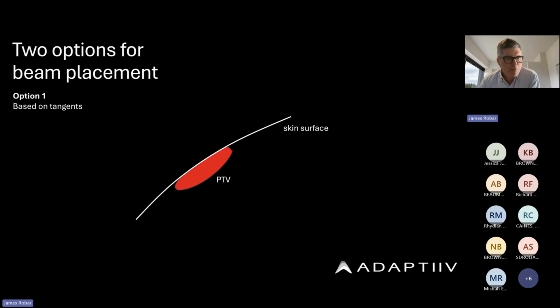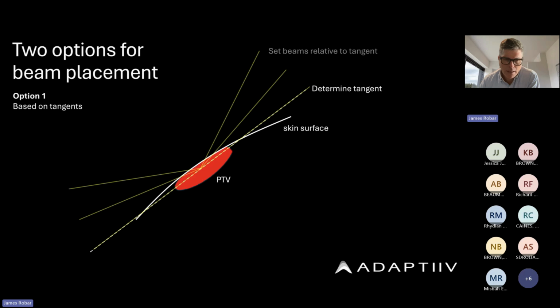So if we think about beam placement, what a planner would probably do, given a PTV like this, is a kind of tangential approach, right? And so that's the first option here. The tangent line will be determined automatically, and then a set of beams will be based on the tangent.